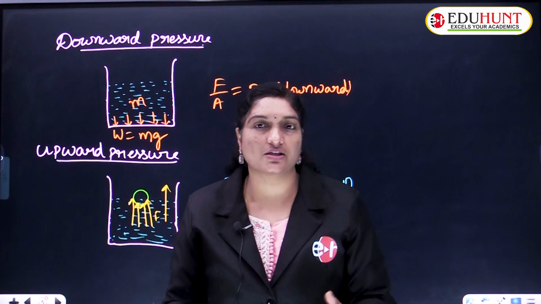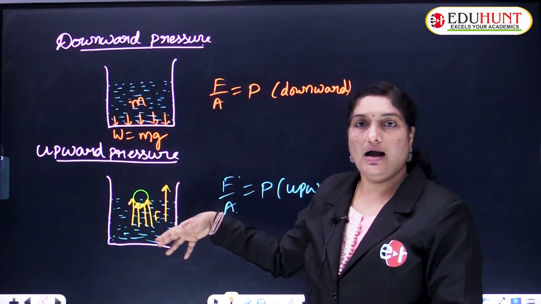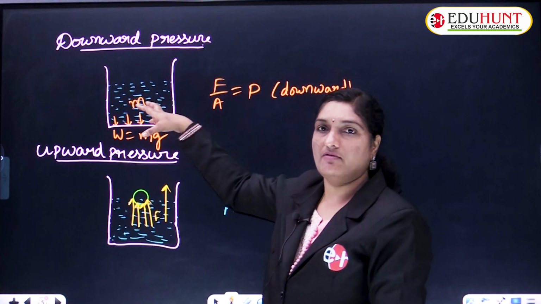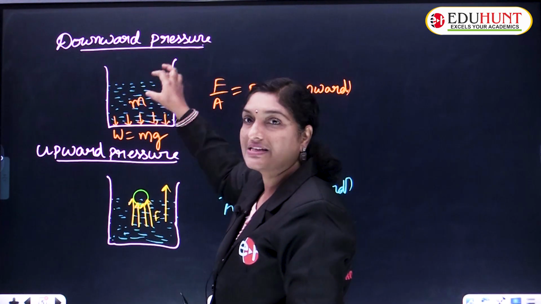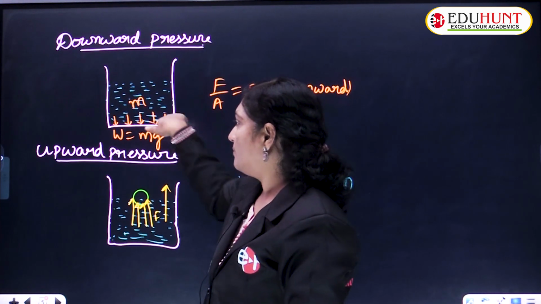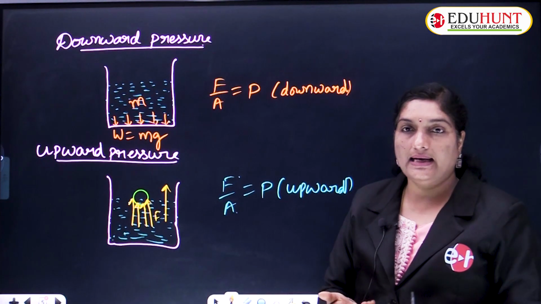So, I hope you understood the difference between the downward pressure and the upward pressure. Downward pressure means the weight of the liquid. In other terms, we can also say it as thrust. So, because of its own weight, thrust is acting on the bottom of the beaker, on some particular area.